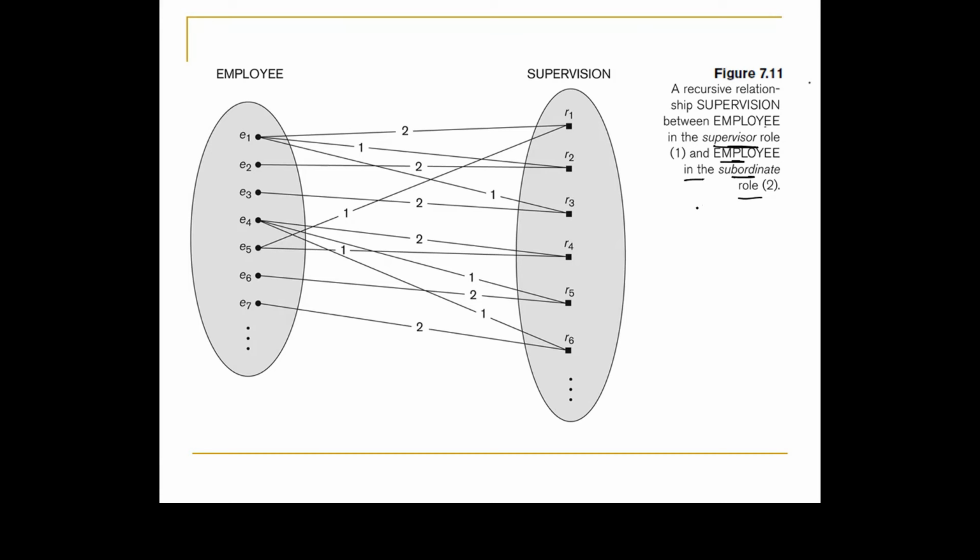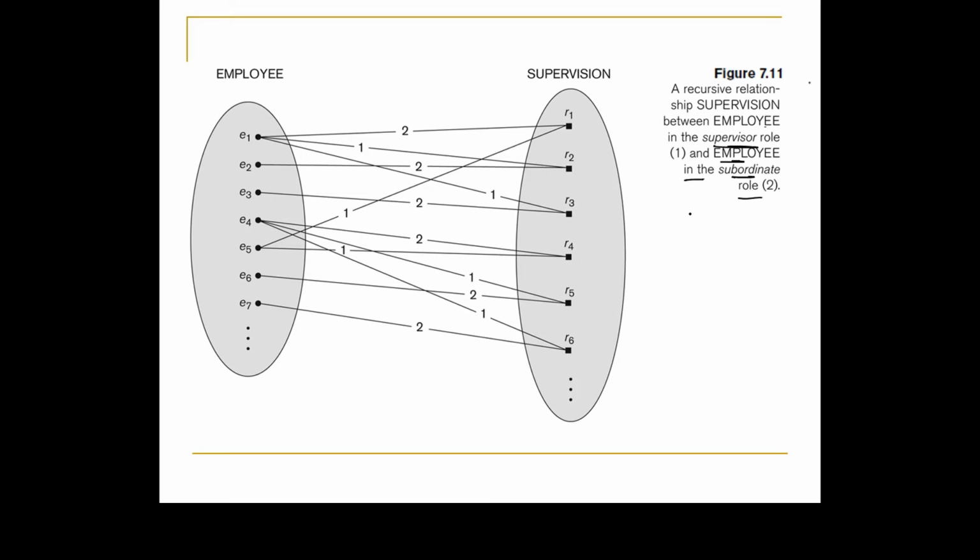So here the supervision relationship type relates an employee to a supervisor, where both employee and supervisor entities are members of the same employee entity set. Hence, the employee entity type participates twice in the supervision. Once in the role of supervisor or boss, and once in the role of supervisee or subordinate.